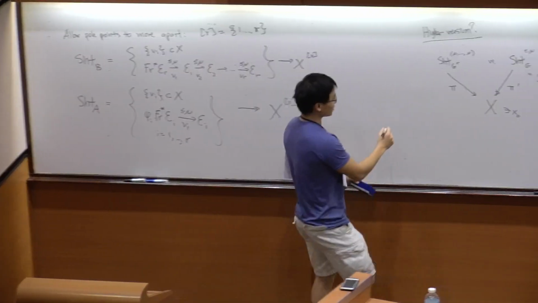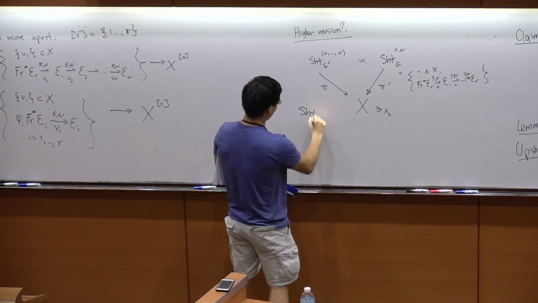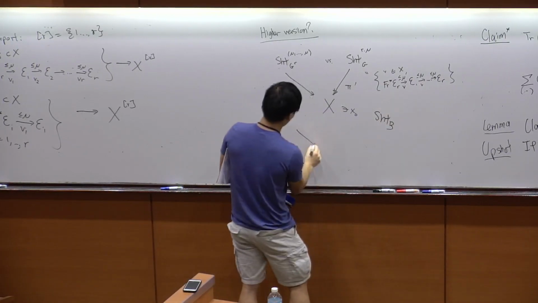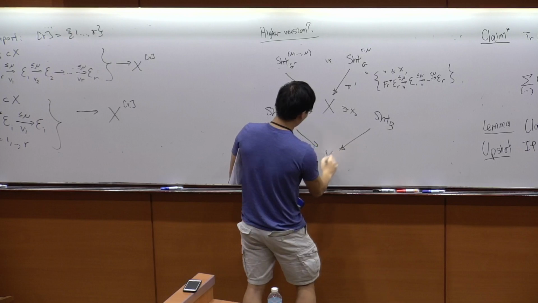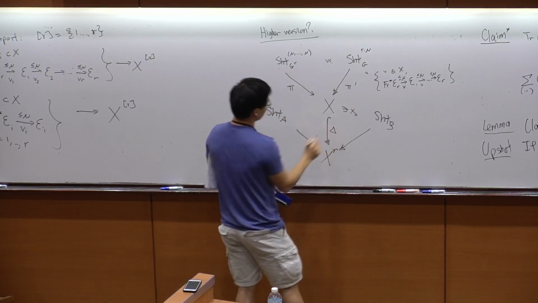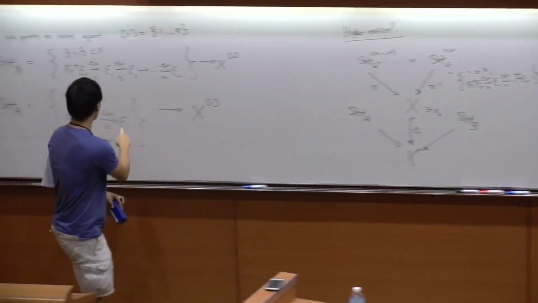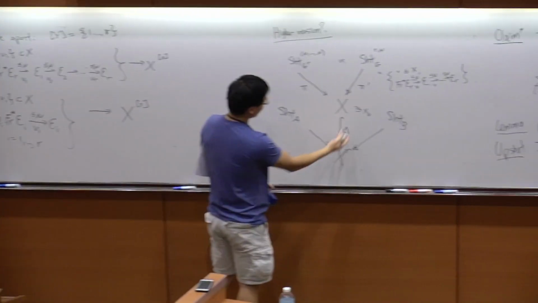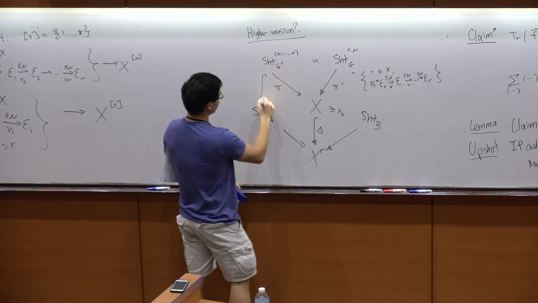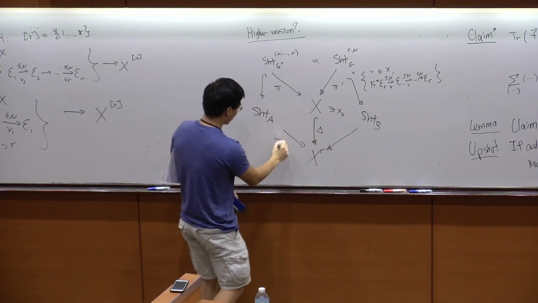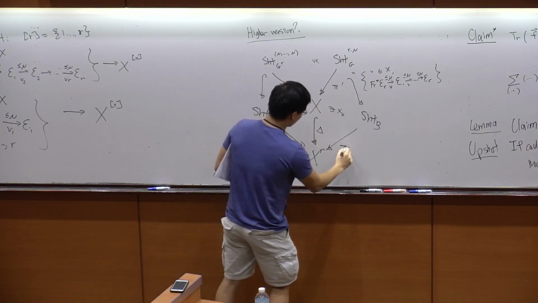And so we've got these bigger spaces, Shtuka A and Shtuka B, and they live over X to the R. On the other hand, inside this X to the R, there's this diagonal copy of X, where all the v_i are forced to be equal. And over that diagonal copy, you get exactly the original spaces. So let's call these maps pi_A and pi_B.